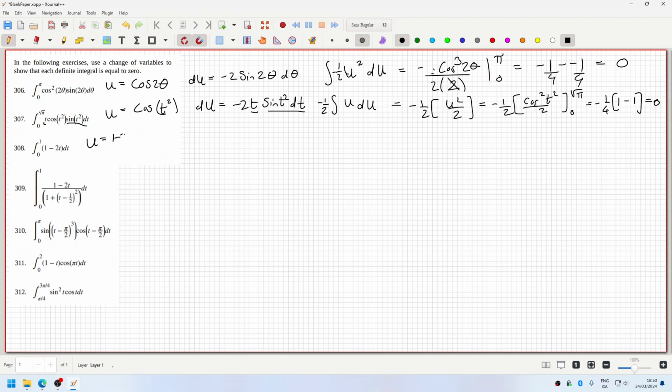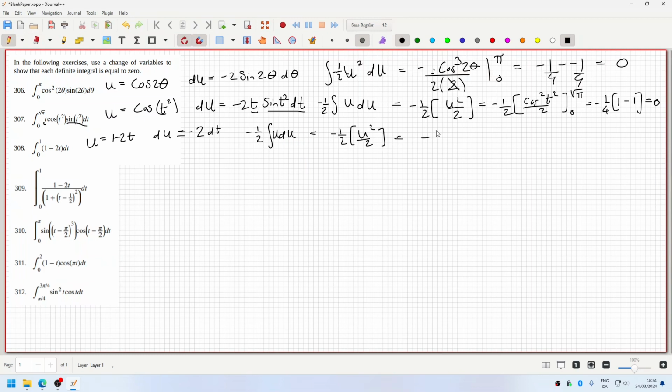u equals 1 minus 2t. So that means du equals minus 2 dt. So then the integration becomes minus 1 over 2 du. So that would be minus a half u, and that becomes minus a half u squared over 2.